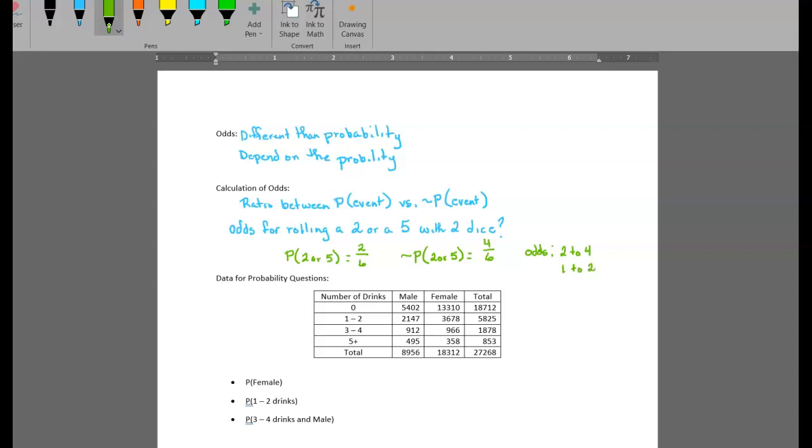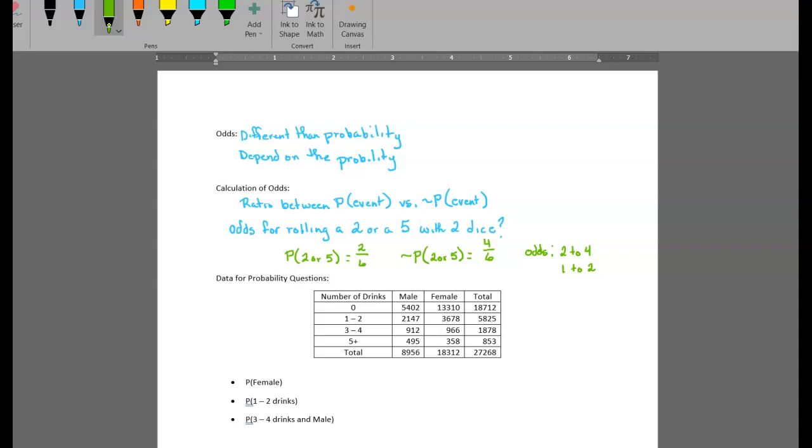In terms of how this relates to gambling or winning, for every dollar that you spend, if you get a 2 or a 5, you will win $2. So for every dollar that you bet, you would win $2 if a 2 or a 5 shows up. And then it's a flip side if you're talking about the house.